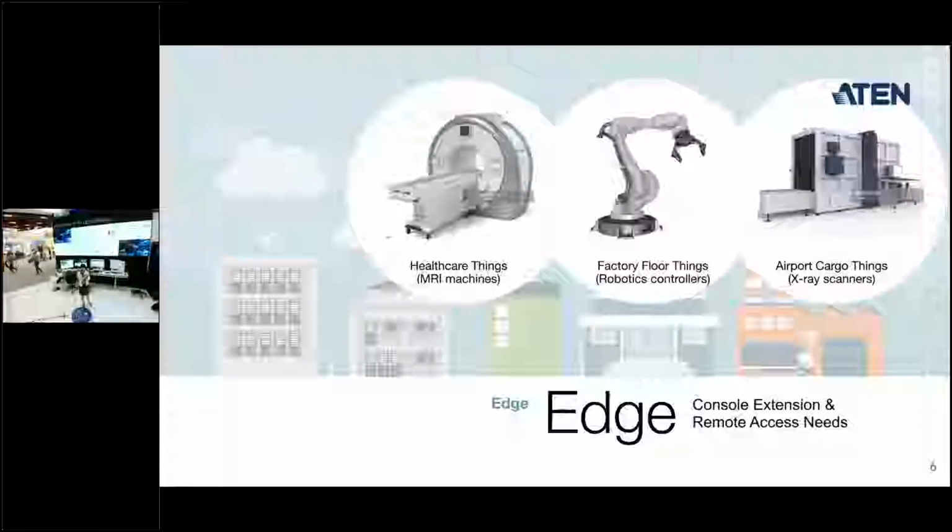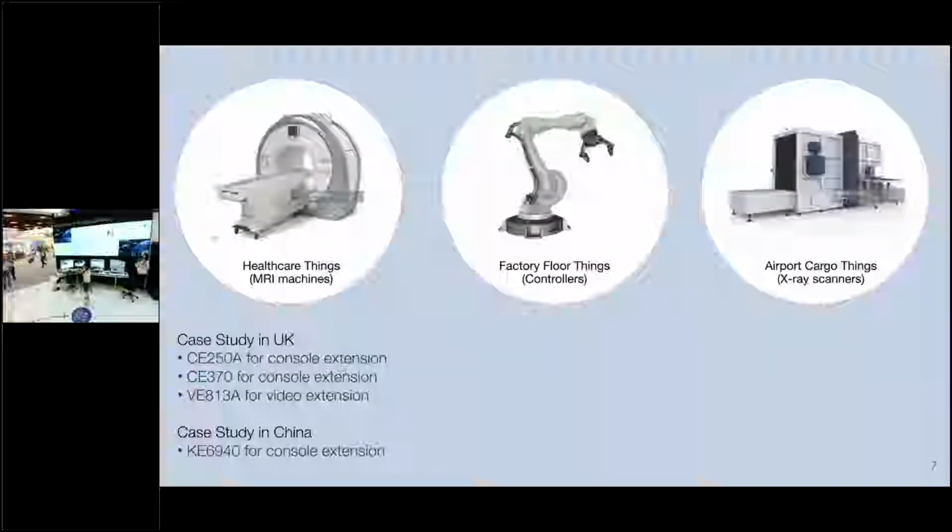And then the third one, air cargo at the airport, where you can see an X-ray scanner. They use computers again, and because of the IoT, these computers are connected and generate lots of information that needs to be processed, analyzed, and utilized. We found that in our real cases.